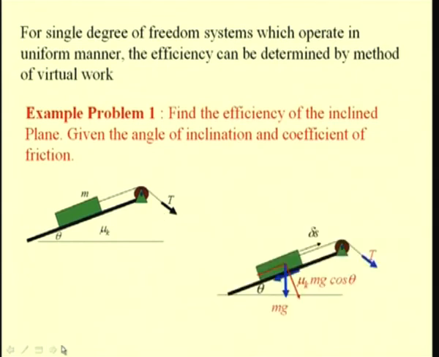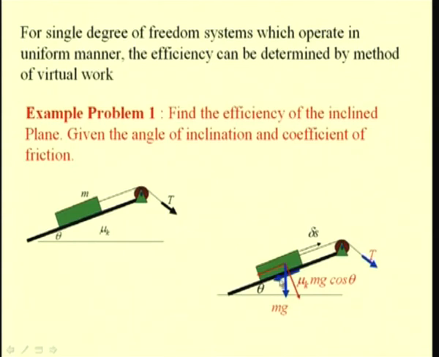So, let us consider all these forces that are acting and also assume a virtual displacement consistent with the constraint. If we assume that the cord or the cable is being pulled by a distance of delta s, which is along this cable, then on the block this delta s, the virtual displacement, is along the cable, which is parallel to this inclined plane.